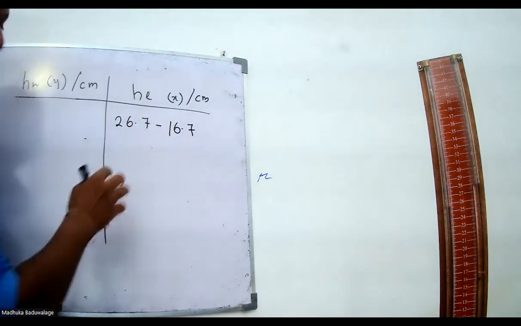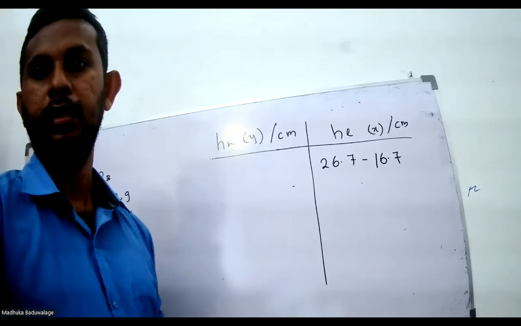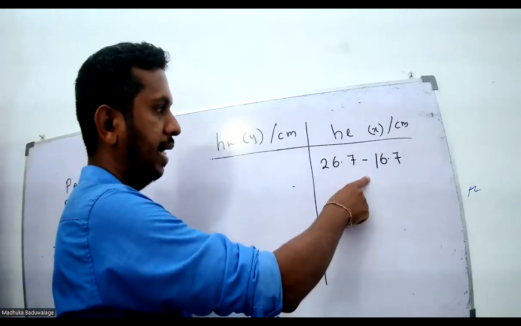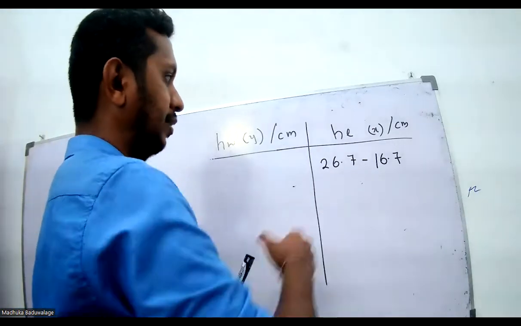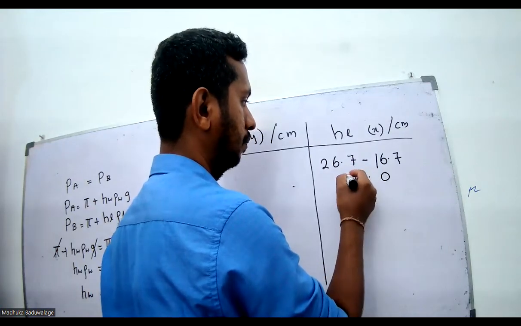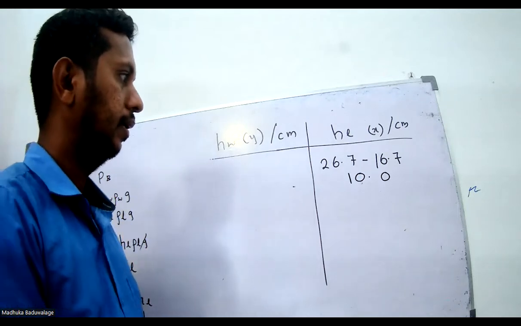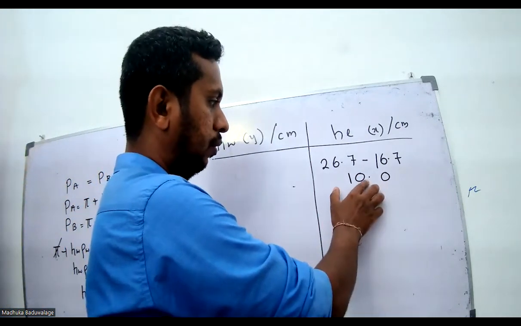So using this difference, we can get the height of the kerosene oil column. The height of the kerosene oil column is now 10 centimeter.